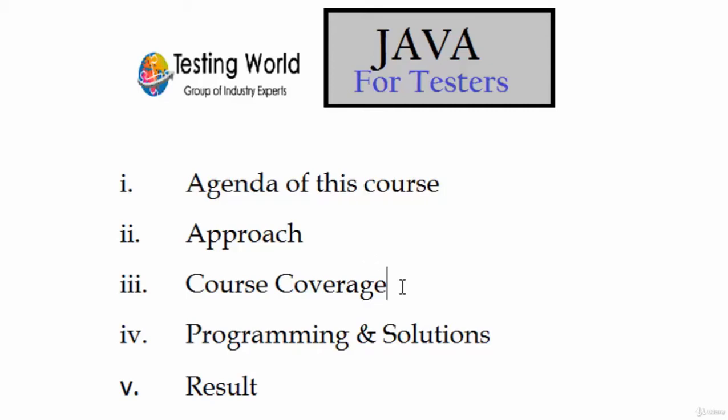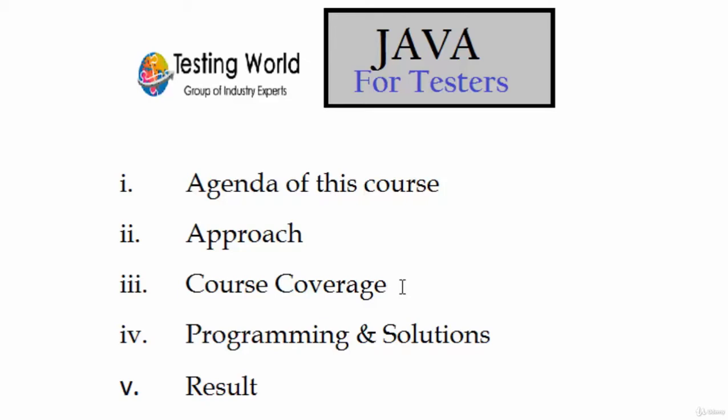Next is course coverage. Here we are going to cover lots of things. We'll start with the installation, then we are going to cover how we can write a simple Java program. Then we'll move to looping, condition handling, arrays, and string handling. Later on I'll cover file handling and Excel handling.